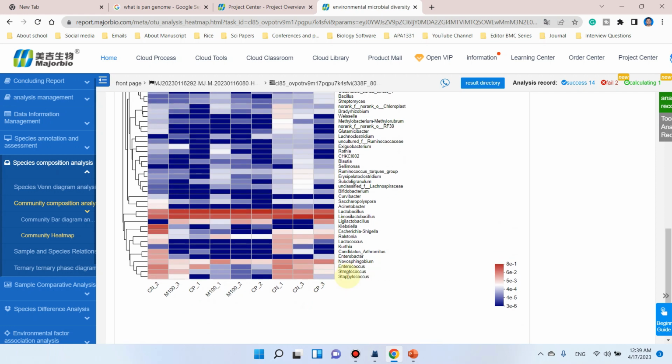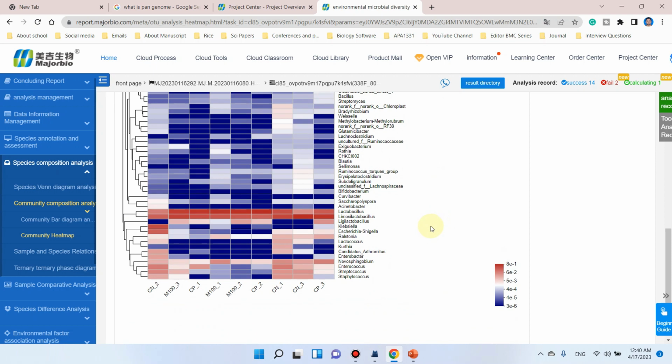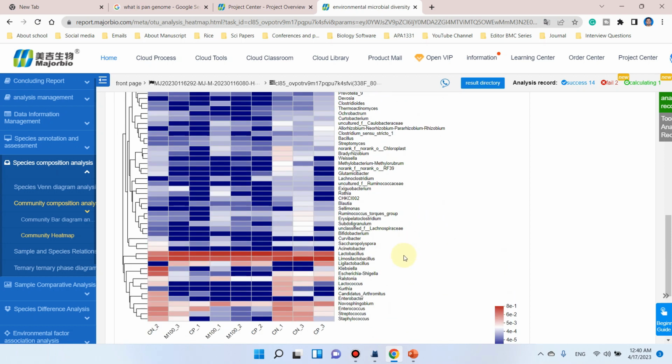If a genus is red in your three technical replicates, but it is showing another color like blue in the second sample, that could be your target genus to study further or to indicate its results.